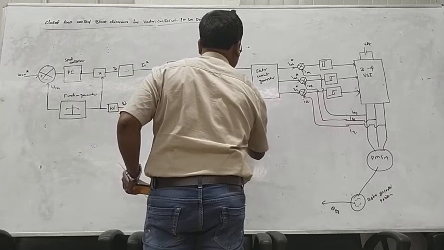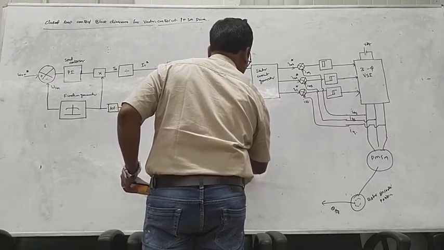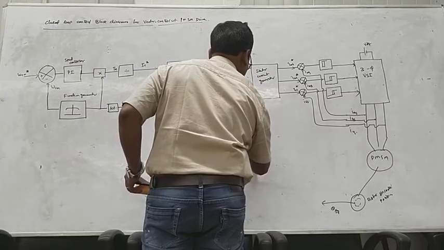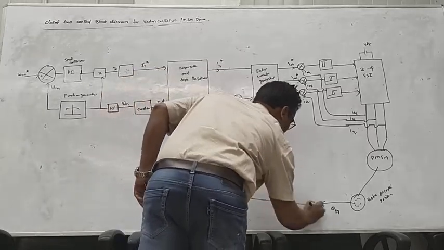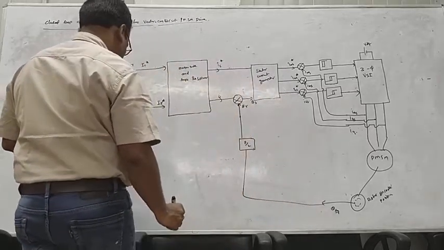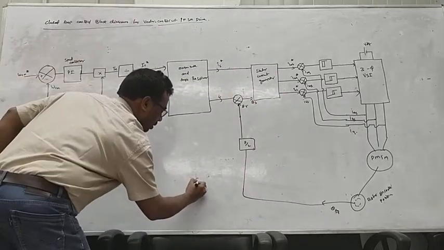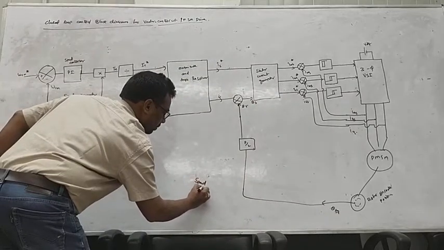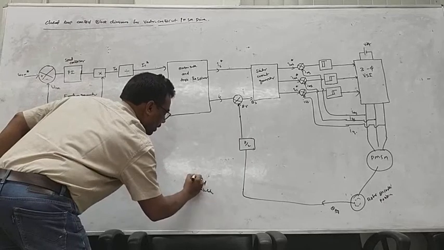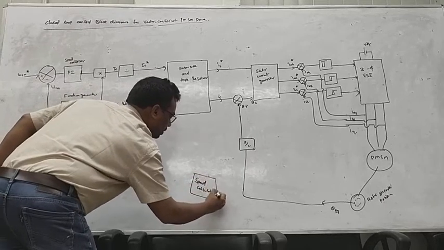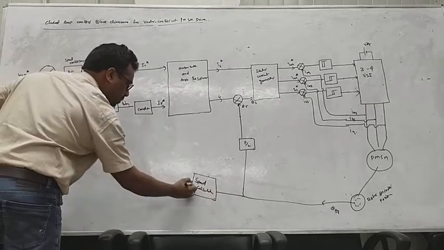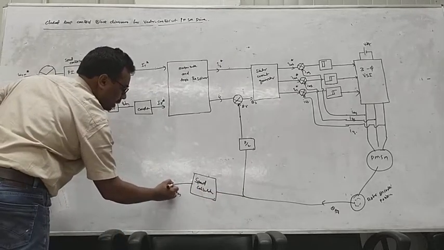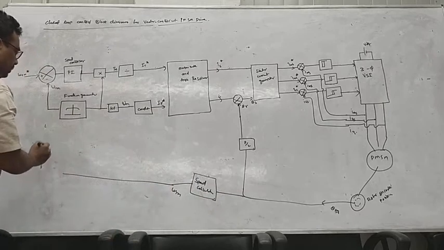So this is theta r, and it should be divided by p by 2. So now the speed calculator here. This is the speed calculation block. From this you get the speed value omega rm, which should be compared.